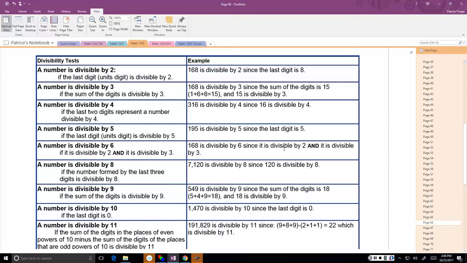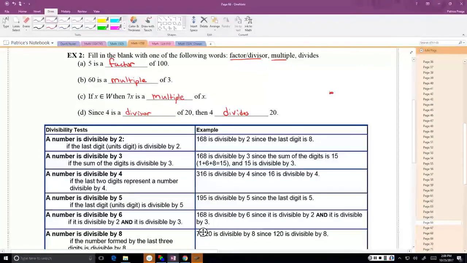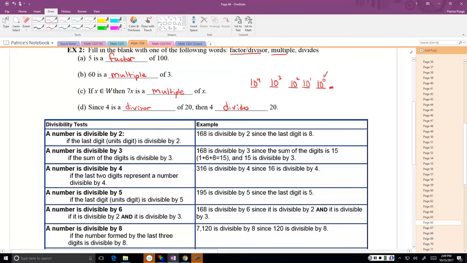Hang with me. Okay, so if I had a decimal right here, and these spots are going on, so this is my ones place, which is the 10 to the zeros place, and then my tens place, which is 10 to the 1, my hundreds, which is 10 squared, 10 cubed, 10 fourth. So 0 is an even power, 1 is an odd power, 2 is an even power, 3 is an odd power, 4 is an even power, right?